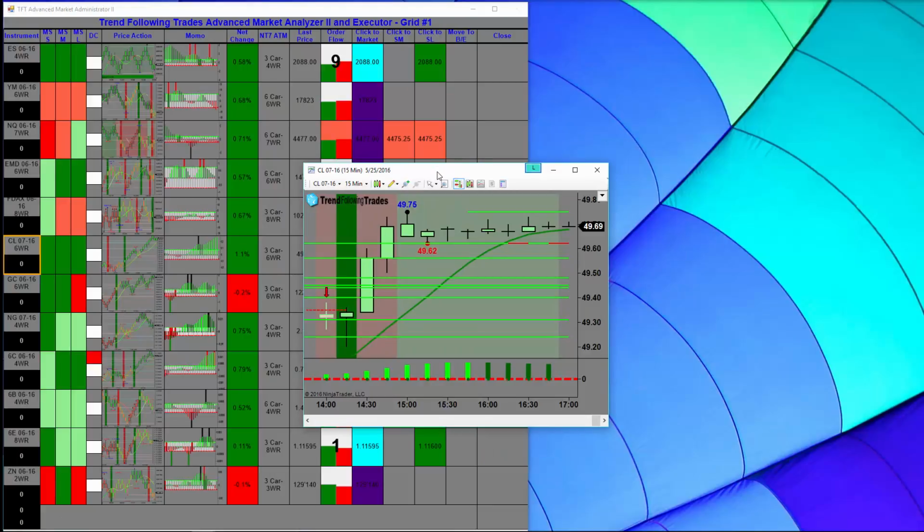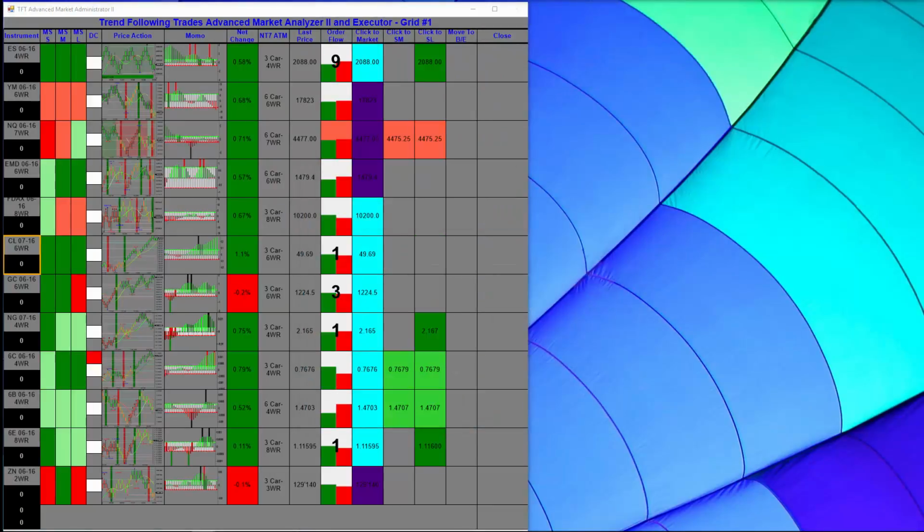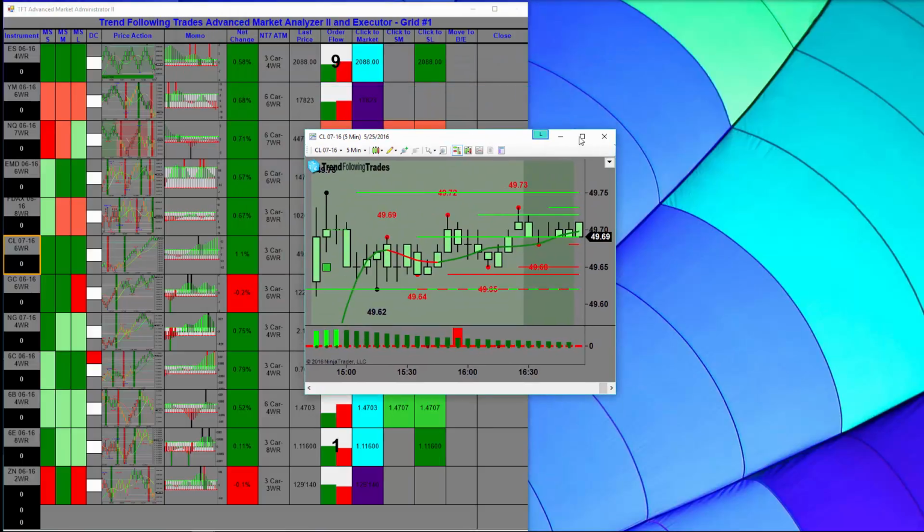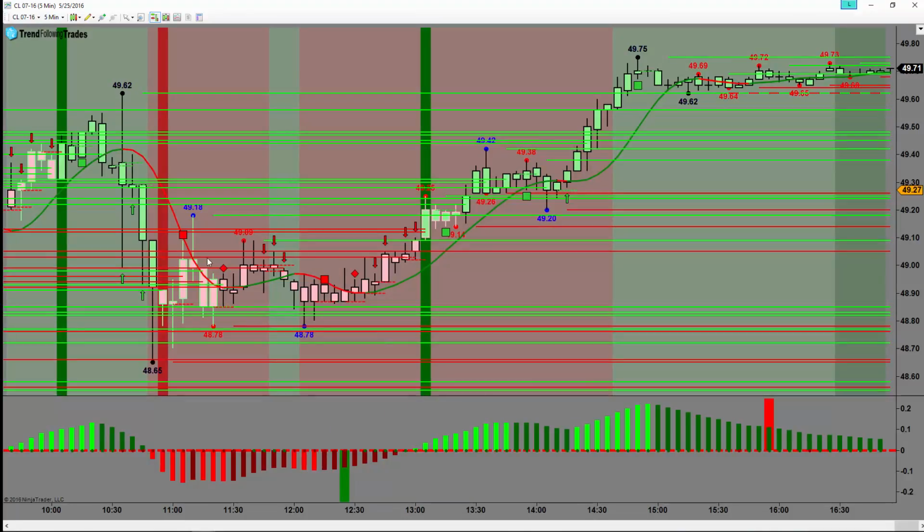When you get to daily and you want to get to movement of price in the swing trading range, it's a little different story. Now, here's a 5-minute. I know people that trade this, and they find it very difficult to know when things are going to move and when they're not.